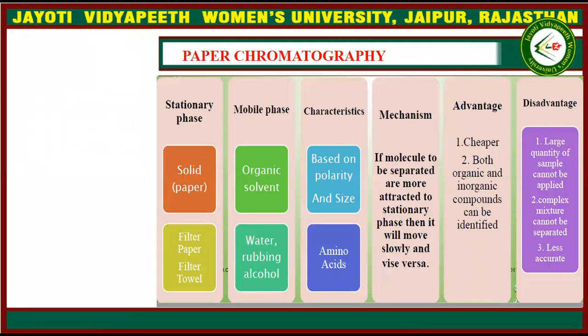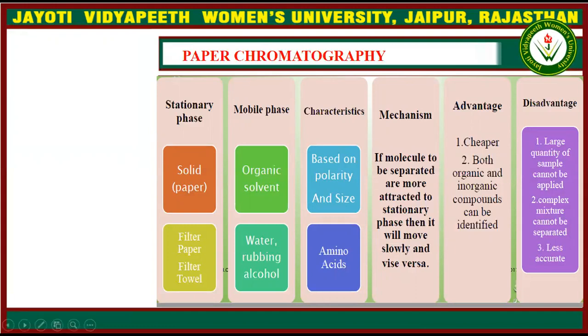Chromatography involves many techniques such as paper chromatography, thin layer chromatography, affinity chromatography, size exclusion chromatography, gas chromatography, and column chromatography. We are going to discuss these techniques one by one.